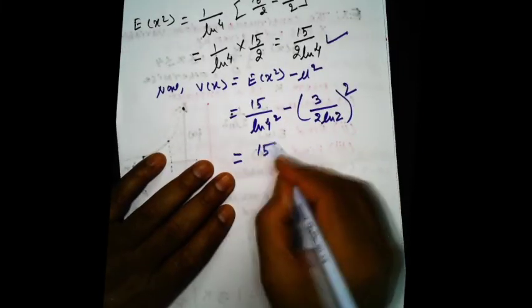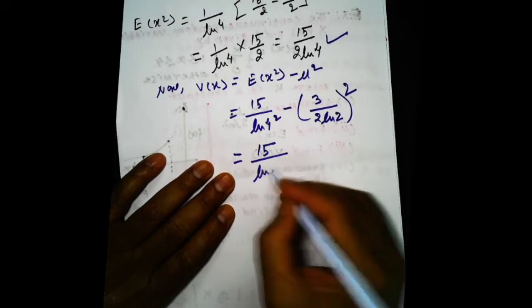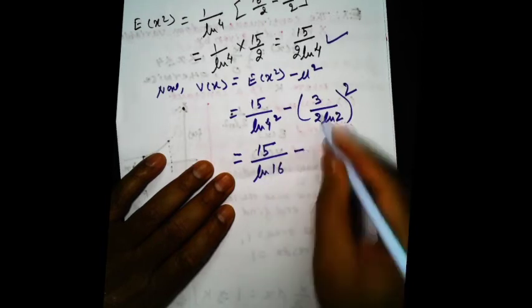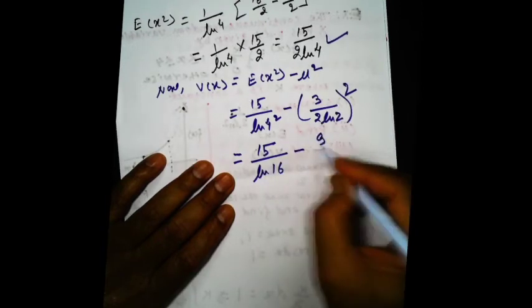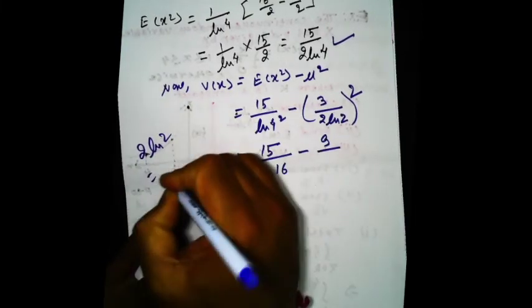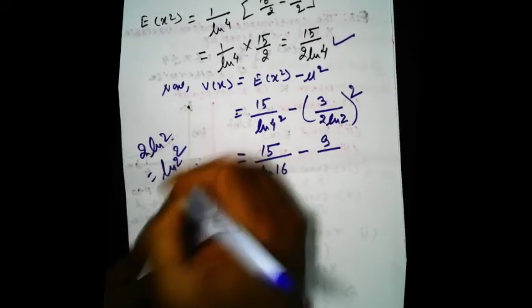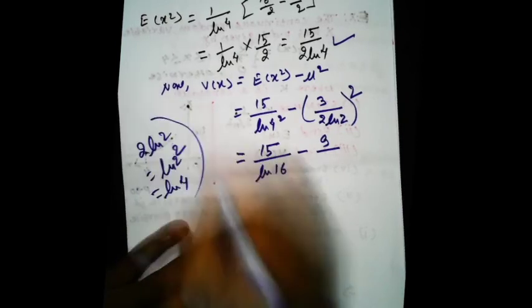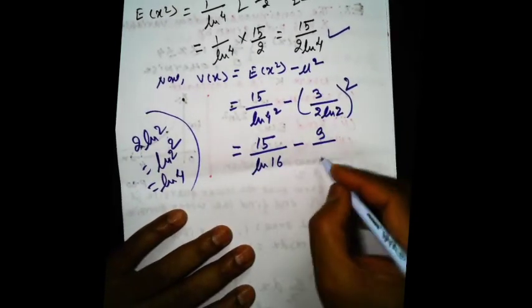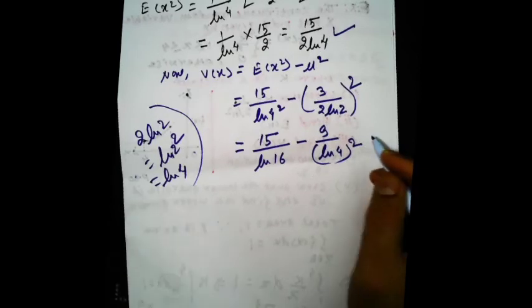Now let's calculate. So it is 15 divided by ln of 16 minus, 3 threes are 9, and 2 ln 2 can also be written as ln 2 squared, that is ln 4, so it is ln 4 squared. Now take the calculator and calculate the answer.